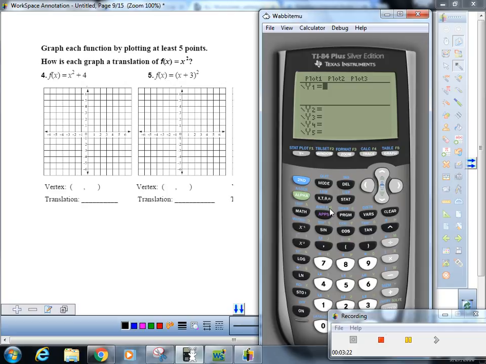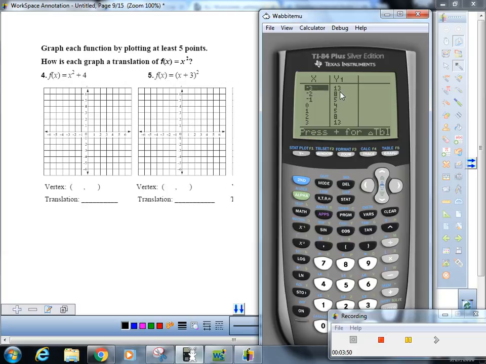Now we want x squared plus 4. Let's graph it. Hopefully that doesn't surprise you. Hopefully you recognize that this plus 4 is going to be a vertical shift. So that indeed is going to be our translation. But we want to put our 5 points, so we hit second graph to get to our table. These are going to be more manageable points.